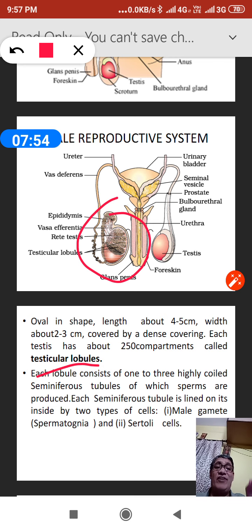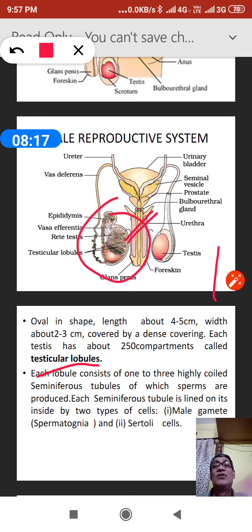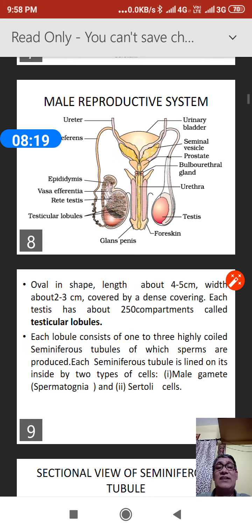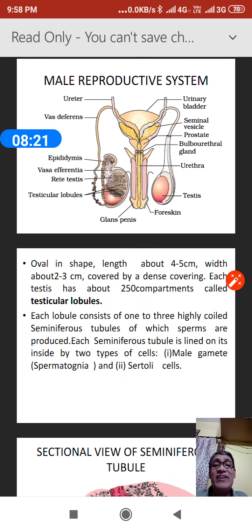Many lobules are there, about 250 compartments, which are called testicular lobules. I am marking the testicular lobules, 250 chambers inside. Let us see what is within a testicular lobule.